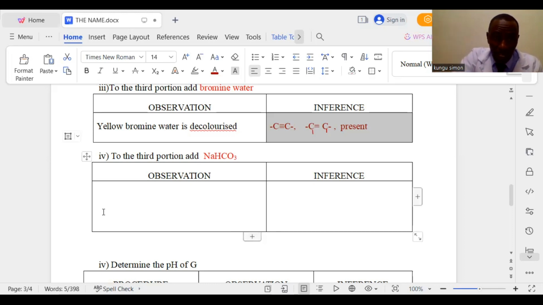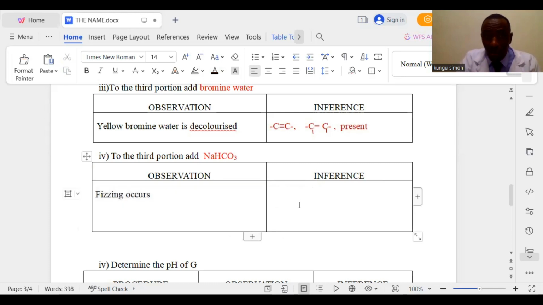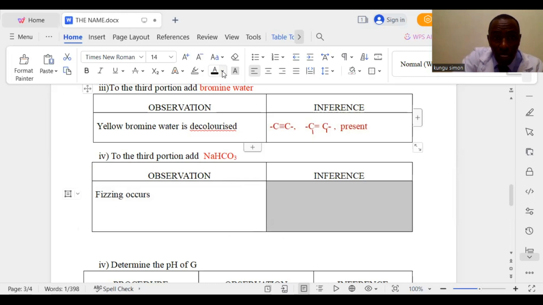Now, let's look at a scenario here. Our scenario is that the fizzing occurs. If the fizzing occurs, what are we saying? Then we can say that RCOOH is present.